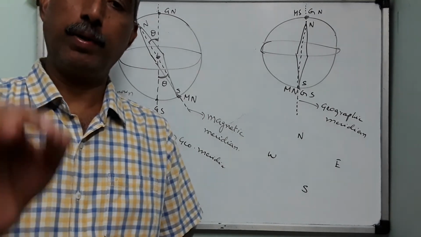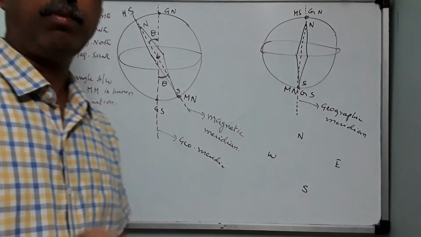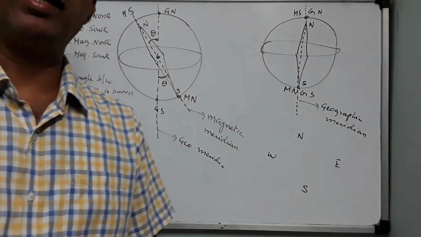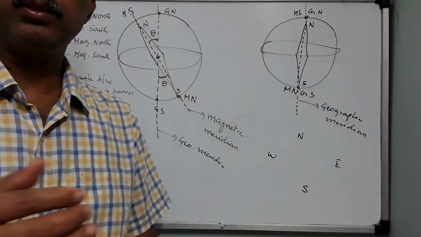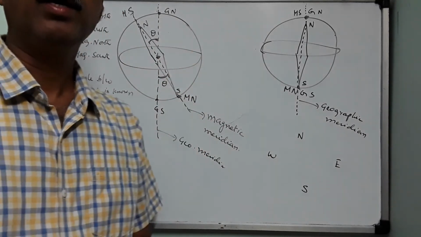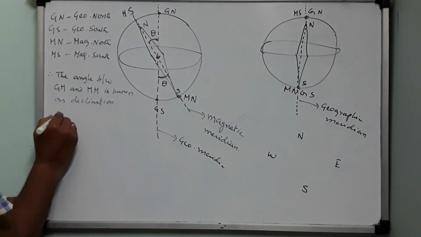The reason is that the angle of declination is very small. So remember, theta is different for different places. At high latitudes the theta value will be very high, but places like India which are very close to the equator have a smaller theta value.